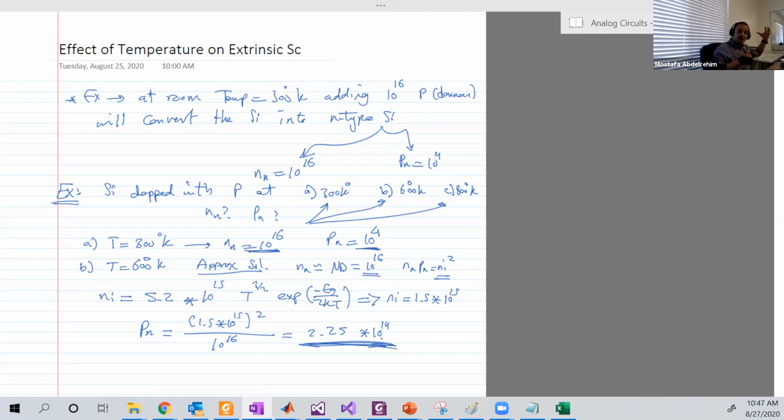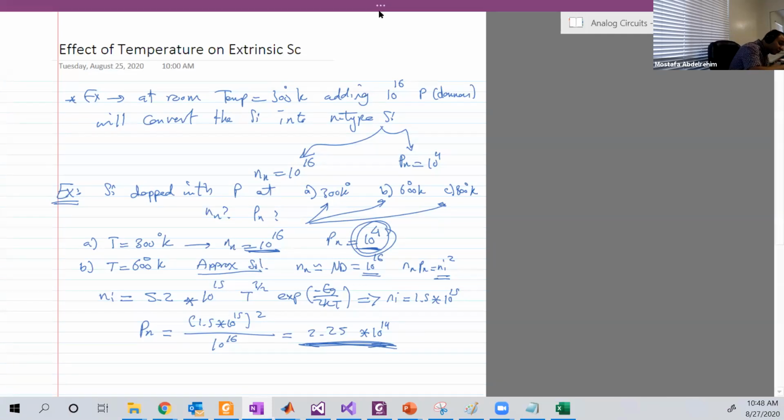But since N is originally very large, 10 to the power 16, the added extra electrons will not affect this number so much. But since B was originally very low, 10 to the power 4, and now we add a big chunk of holes to it, this concentration will increase so much. So we're going to see the effect more in Bn, the minority carrier concentration. So this is the approximate solution.